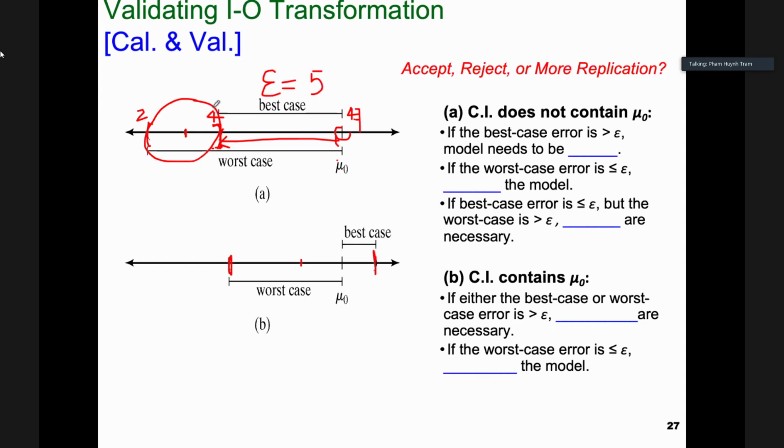Why call this the best case? Because when my simulation output is here, the difference between my simulation output and the real system is the smallest compared with other values. So this is the best case I have when my simulation output falls in here. Let me delete it. The drawing is starting to get messy.